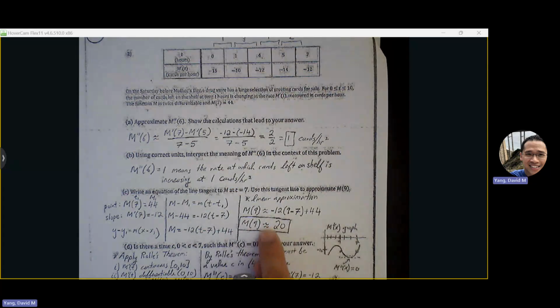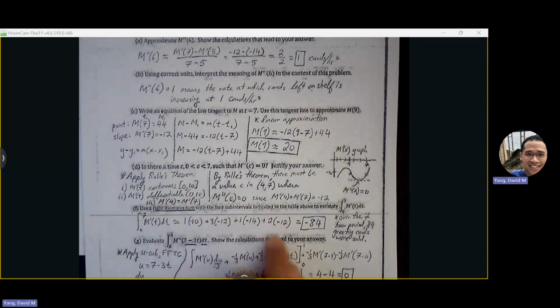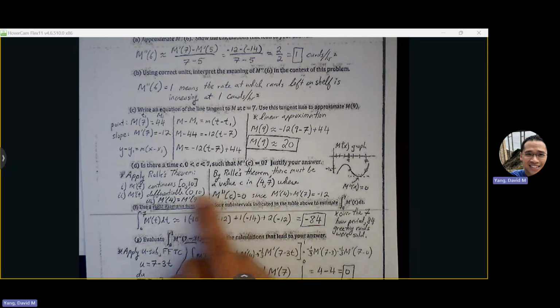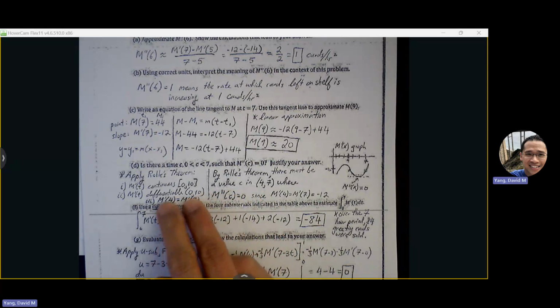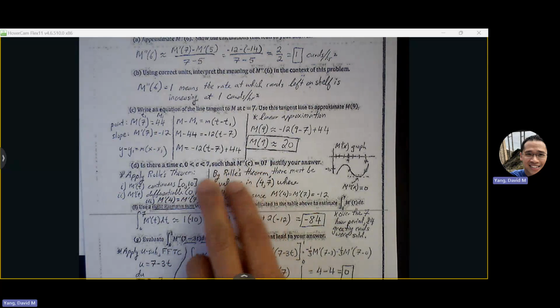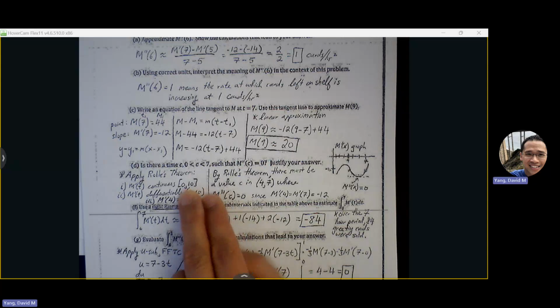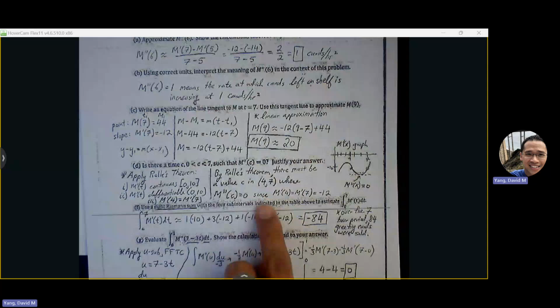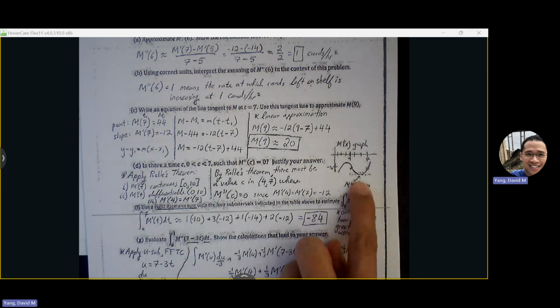And because of that slope 0, we can guarantee that there's going to be a point somewhere between 4 and 7, where the slope of m prime is going to be 0, and that's Rolle's theorem.